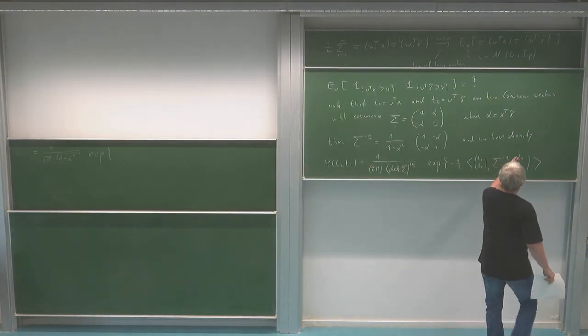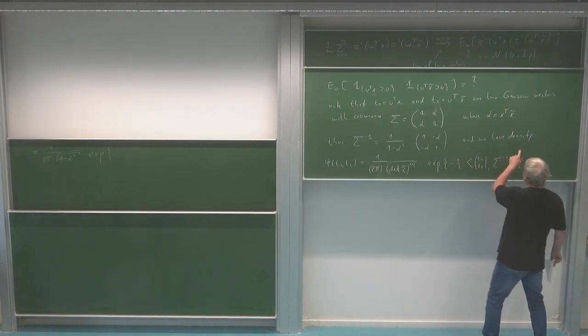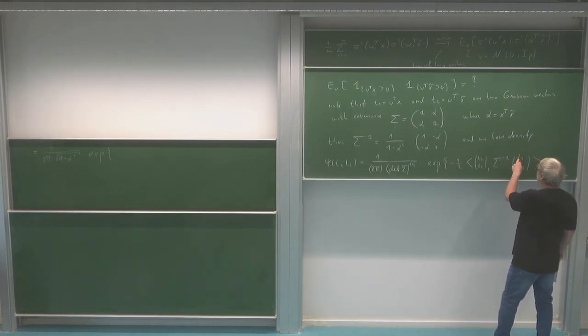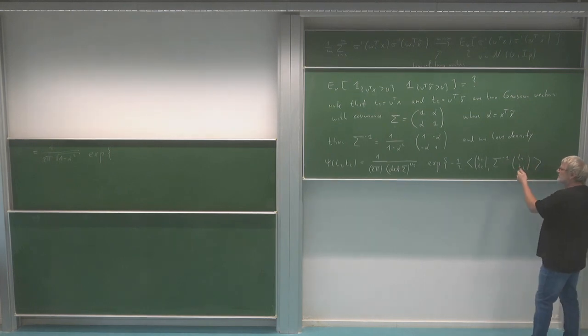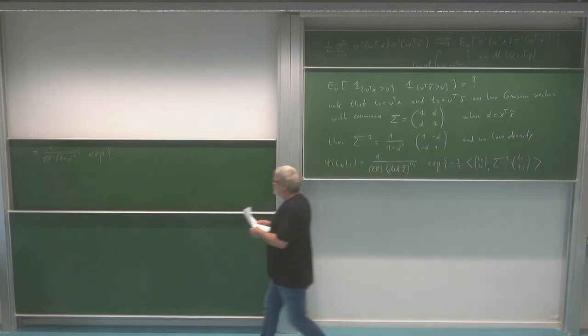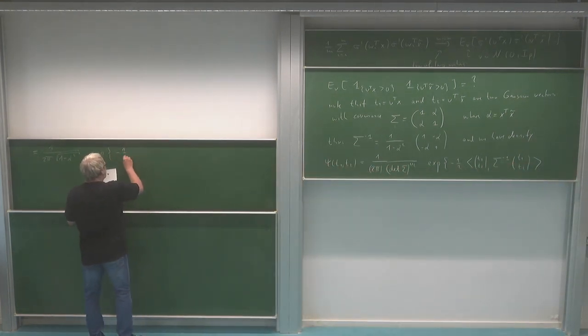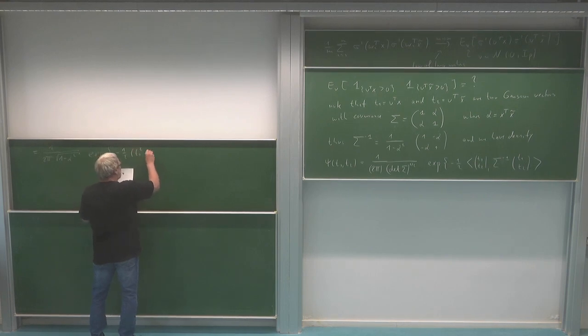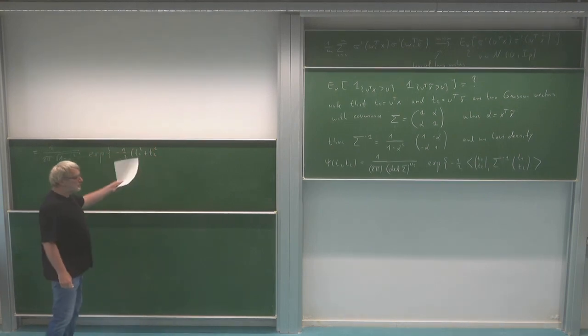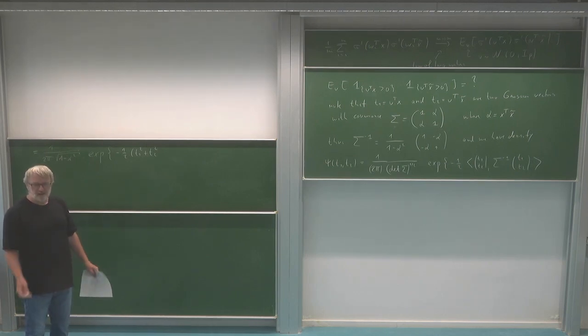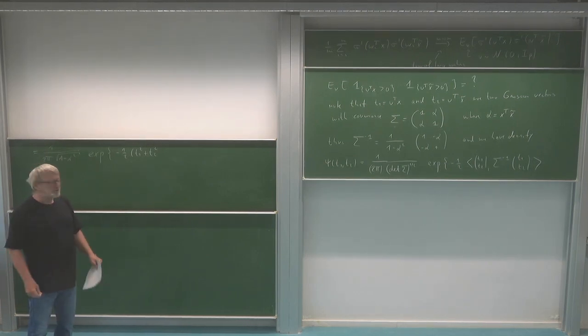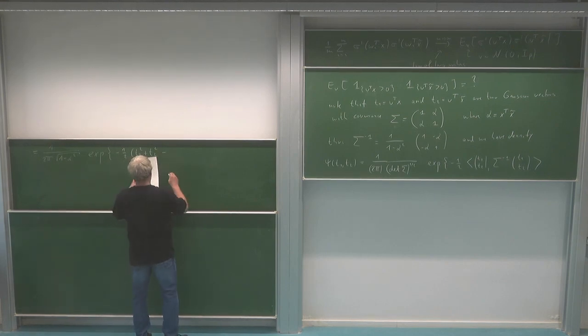So I multiply T1, T2 with this matrix here, so I get a linear combination, T1 minus alpha T2 and minus alpha T1 plus T2, and I take the inner product. So what I get here is minus 1/2 times T1 squared plus T2 squared. This would be the part if sigma would just be diagonal, if my two Gaussians would be independent, but of course they are not independent, so I get this covariance part, which is minus 2 alpha T1 T2 divided by 1 minus alpha squared.